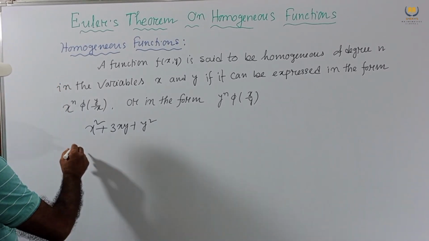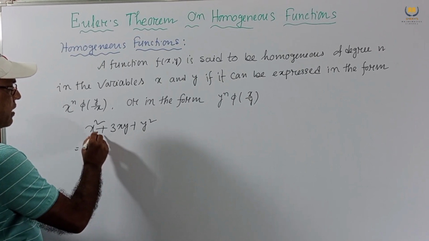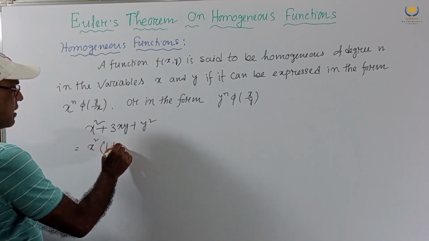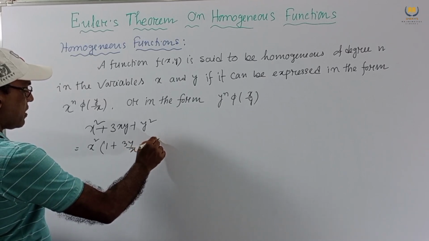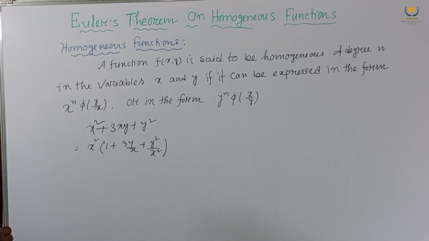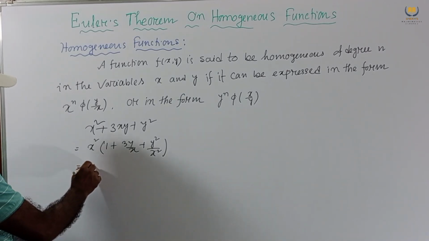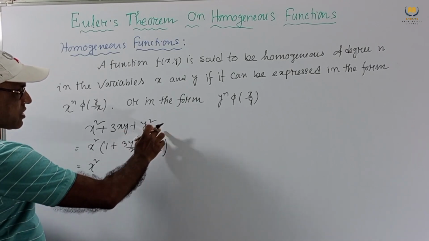Now we write it this way: taking x square common from all the terms, we get 1, here 3y by x, and here y square by x square. And this equals x square times the bracket, in which we get the y by x form.